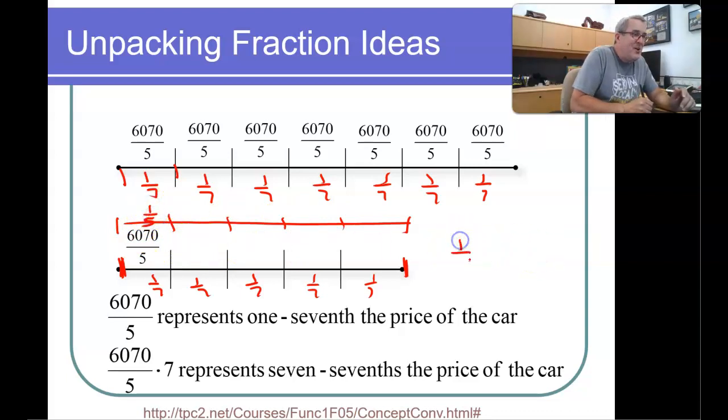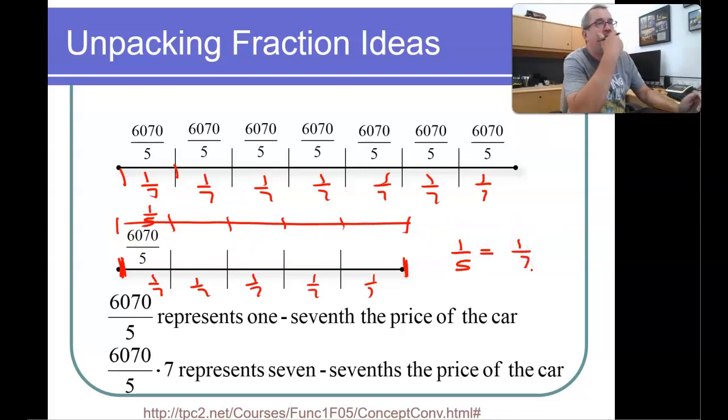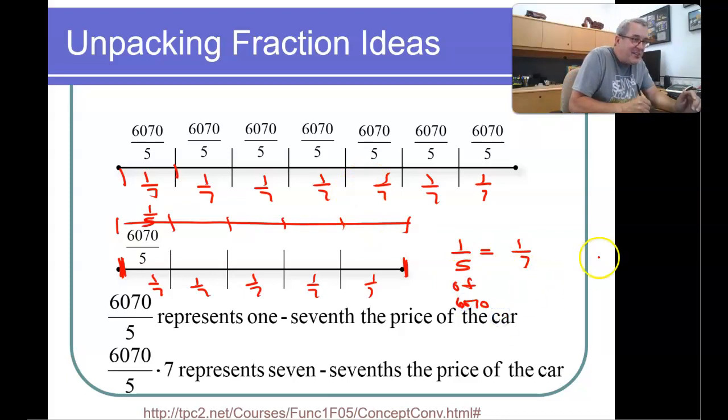So once again, 1/5 of the $6,070 is the same as 1/7 of the total price of the car.